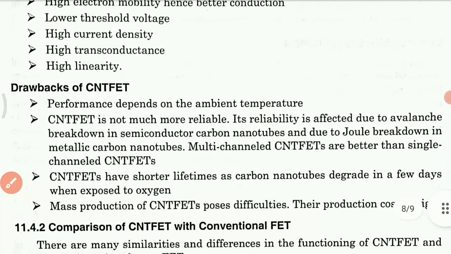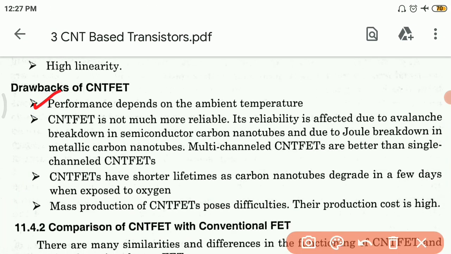Okay, like that your performance depends on the ambient temperature. Then the CNT FET is not much more reliable because its reliability is affected due to the avalanche breakdown in the semiconductor carbon nanotubes and due to the joule breakdown in the metallic carbon nanotubes.